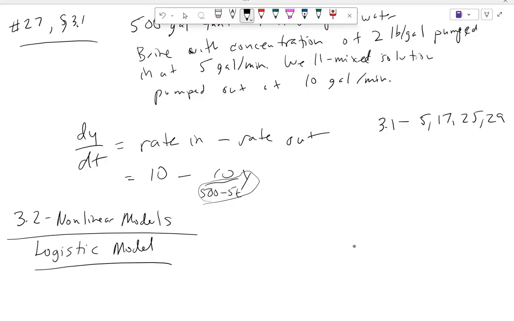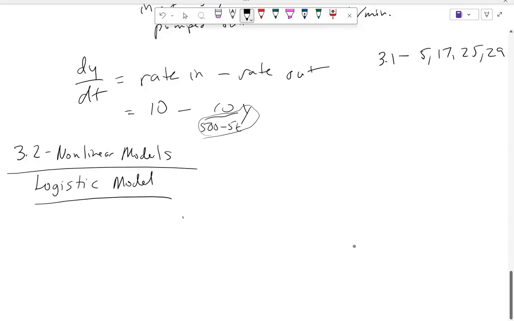So what you get with a logistic model is that the change in population at a particular time depends on how much population there is, but it's also going to depend on some other function of the population that's going to keep it from growing too far. They refer to this as what's called a density dependent hypothesis, what the book calls it.